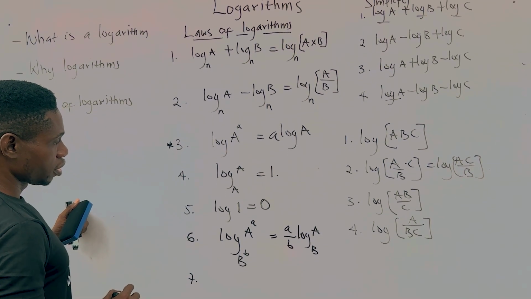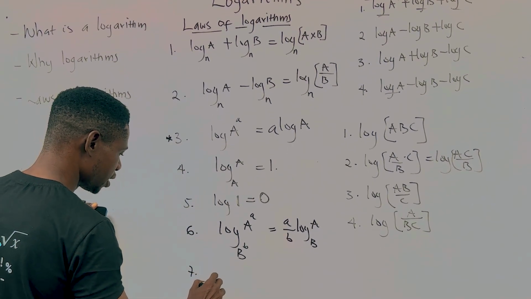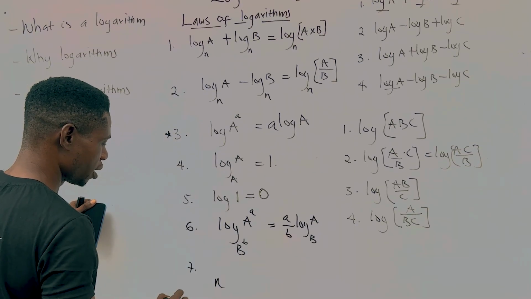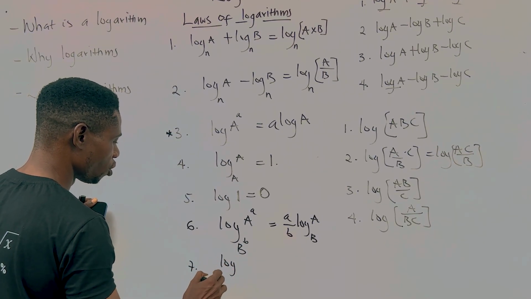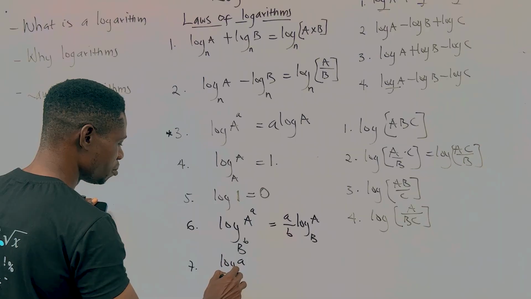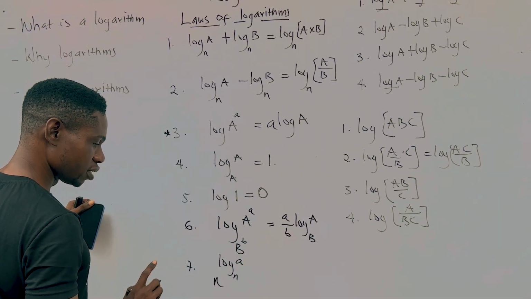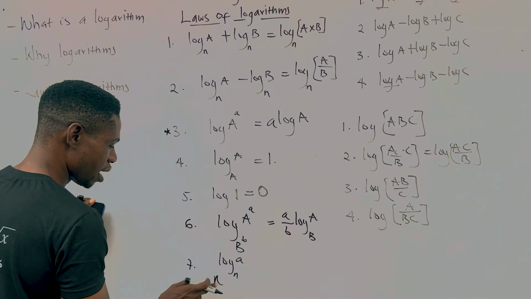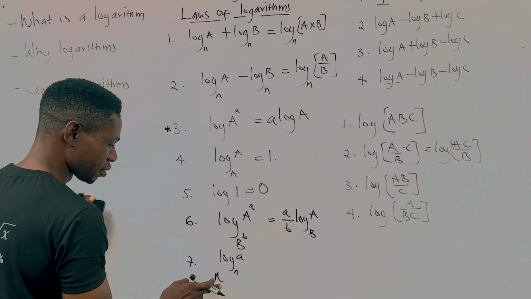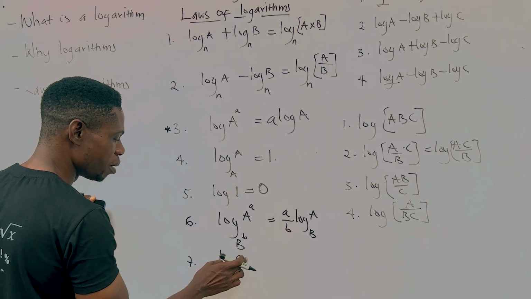Now, a 7th one is if you have, let's say, n, a number raised to power log, let's say, a base n. Now watch. N is having a power of log a base n.